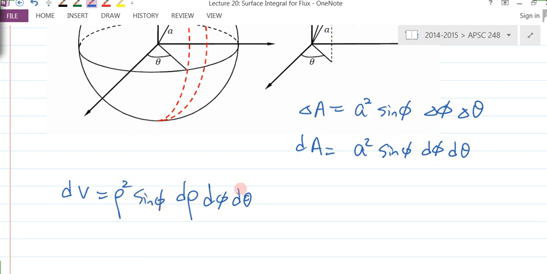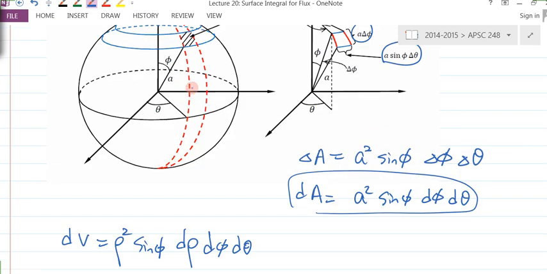So if you compare these two, over there is a d volume, over here is a d area. The rho basically changed to a constant a, and you don't have a rho anymore because rho is constant, so there's no d rho, there's no integration there. See the connection here, right? So this is dA when you have a spherical surface.